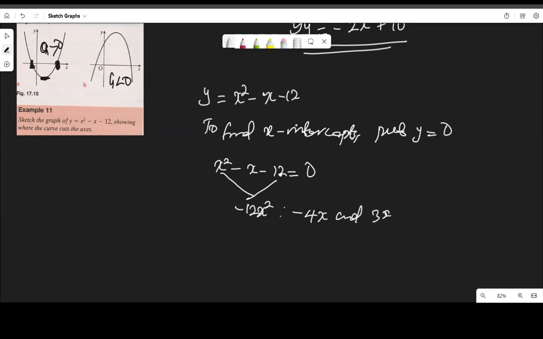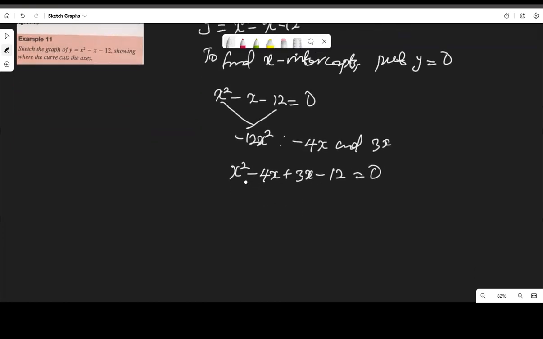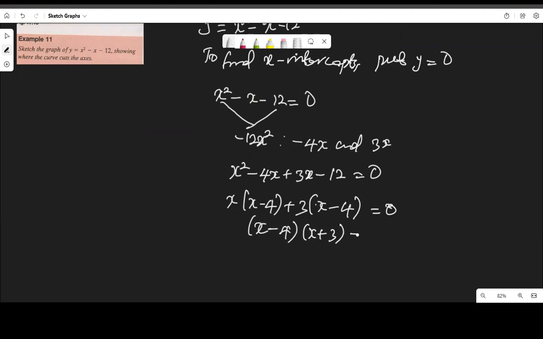So replace this middle term with these factors so that the equation becomes x squared minus 4x plus 3x minus 12 equal to 0. If I factor this, that will be x into x minus 4 plus 3 into x minus 4 equal to 0. x minus 4 and x plus 3 equal to 0. x is equal to 4 or negative 3.